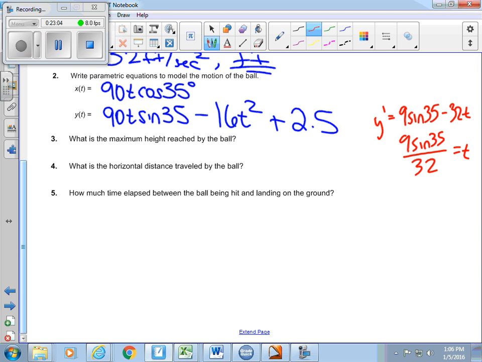Everyone agree? 90, that's definitely right. And then, so that's the time at which the ball is at a maximum, right? Everyone agree? So how would I find the maximum height? Plug that into y of t. So someone with a calculator do that for me.